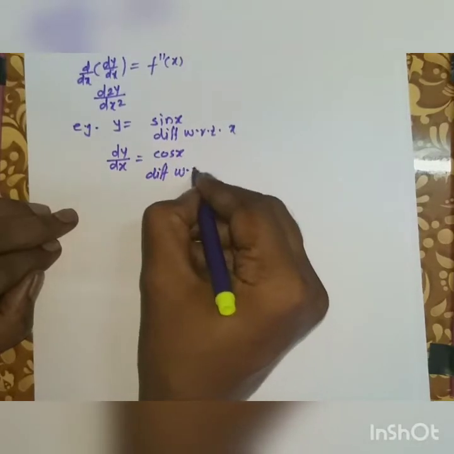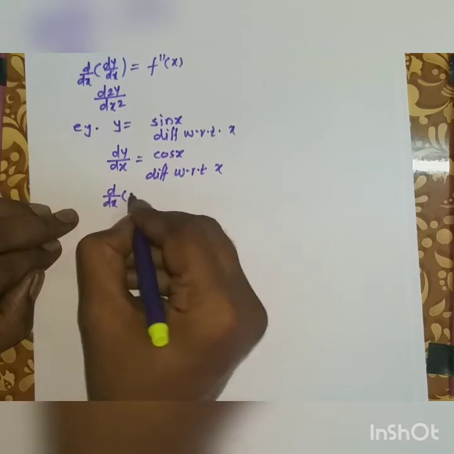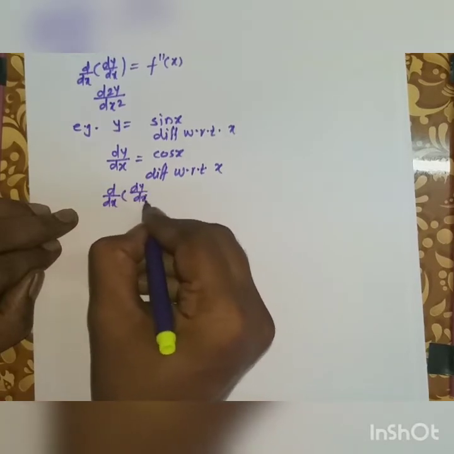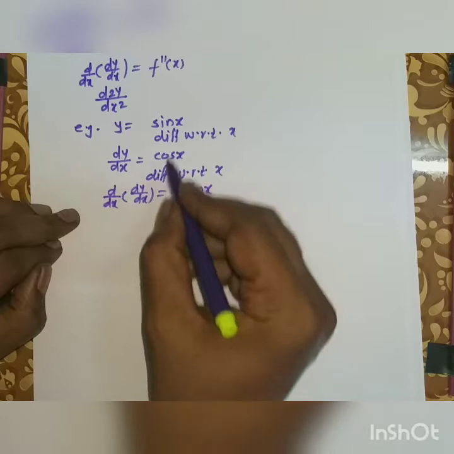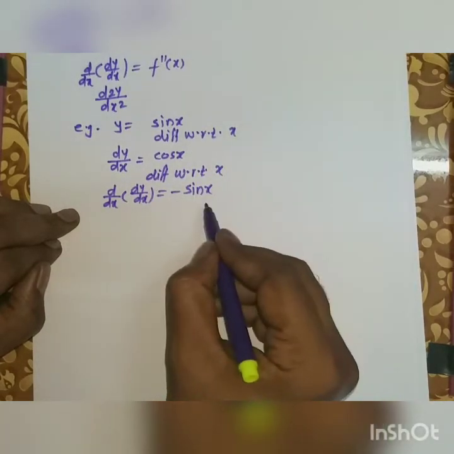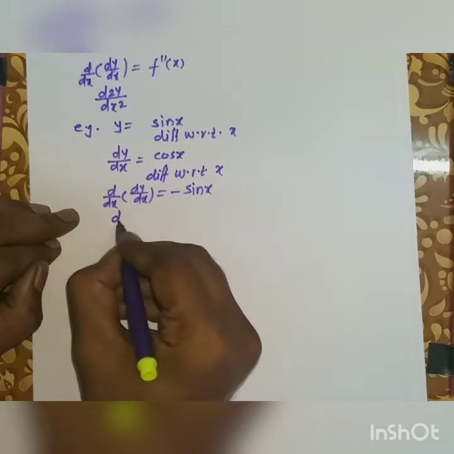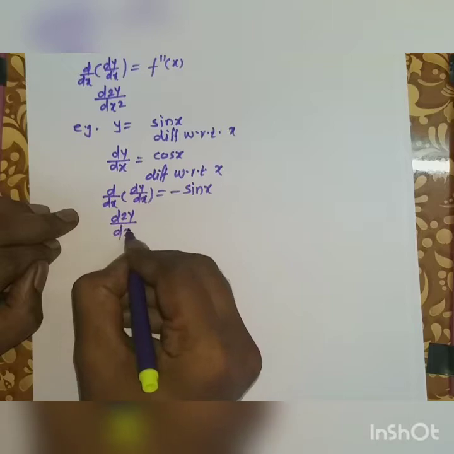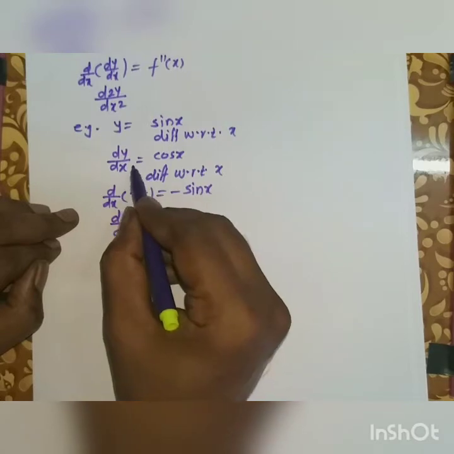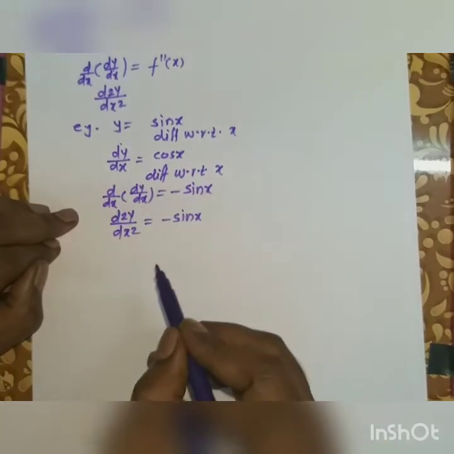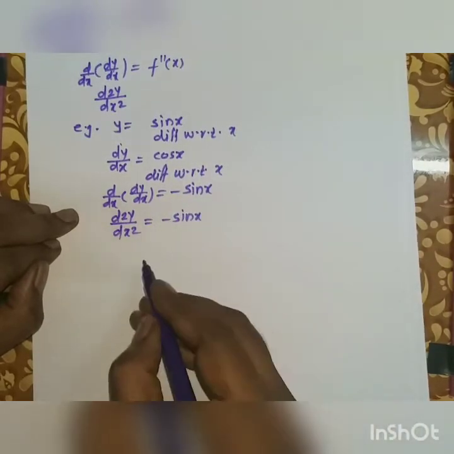Differentiate with respect to x, d by dx of dy by dx is equal to minus sin x. That means we take two times differentiation of sin x, then we get minus sin x. We write the second order derivative d2y by dx square is equal to minus sin x. This dy by dx is the first order derivative. Here we cannot write one, but first order derivative is cos x, second order derivative is minus sin x.